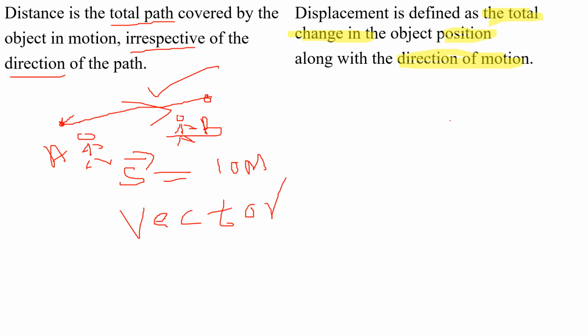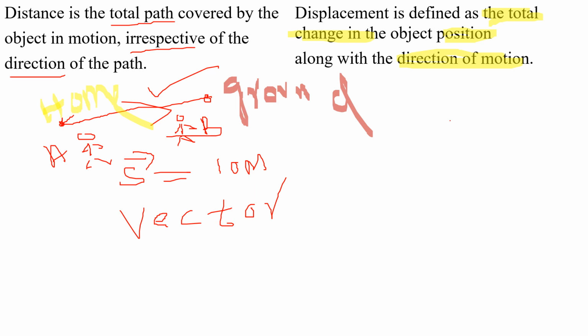Suppose point A is in your home and point B is the crowd present outside your home. So when you move from one place to another place, the complete surrounding changes. Change in position means the surrounding also changes, but it has a particular direction. We are moving in a particular direction.